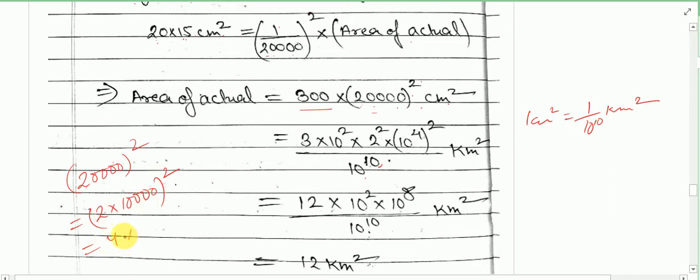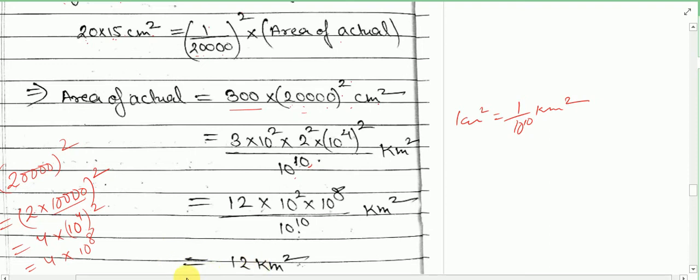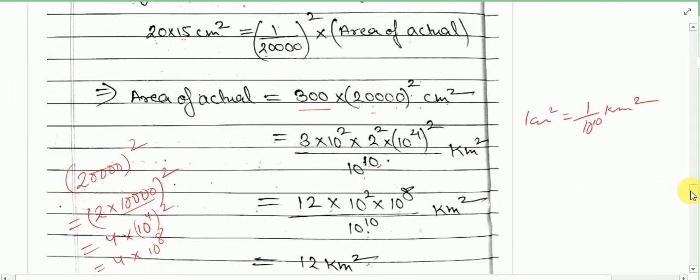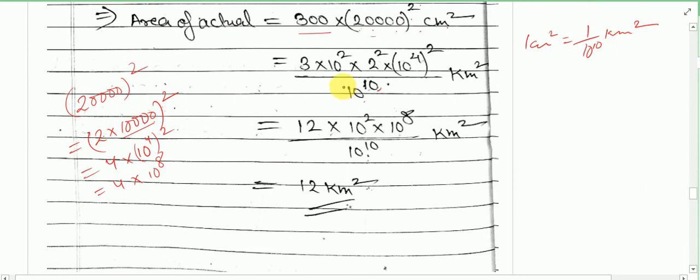So this becomes 4, and 10,000 you can write as 10 to the power 4, so you get 4 into 10 to the power 8. And for this 300 you can write 3 into 10 to the power 2, and here 2 square into 10 to the power 4 whole square upon 10 to the power 10.